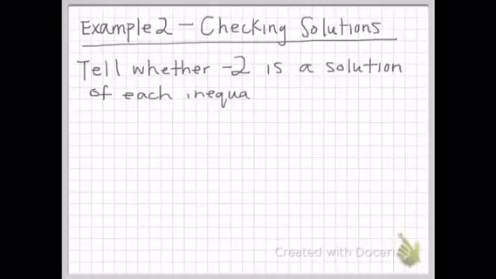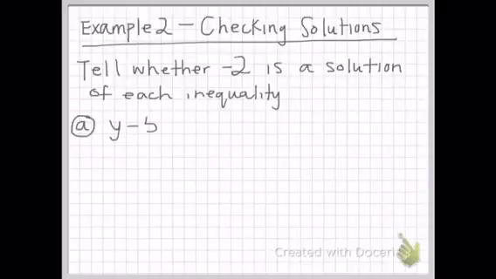So they're going to give us more than one, and we're going to have to plug it in and see how it goes. Let's go ahead and do A first. So everyone write A. And the inequality that they give us is y minus 5 is greater than or equal to -6. Get that written down, please.